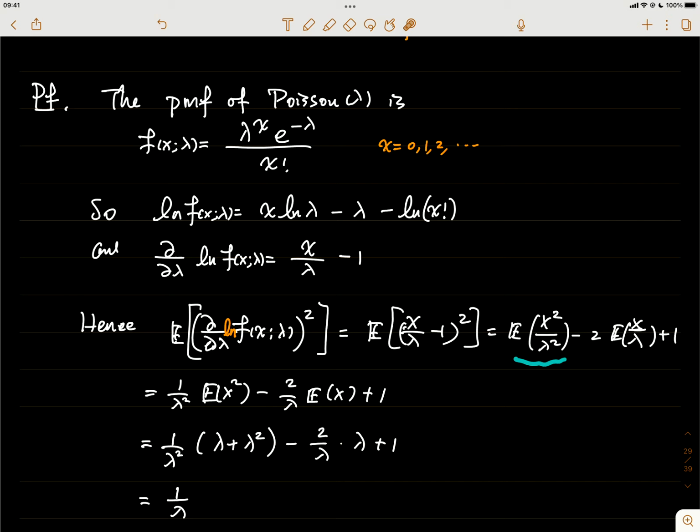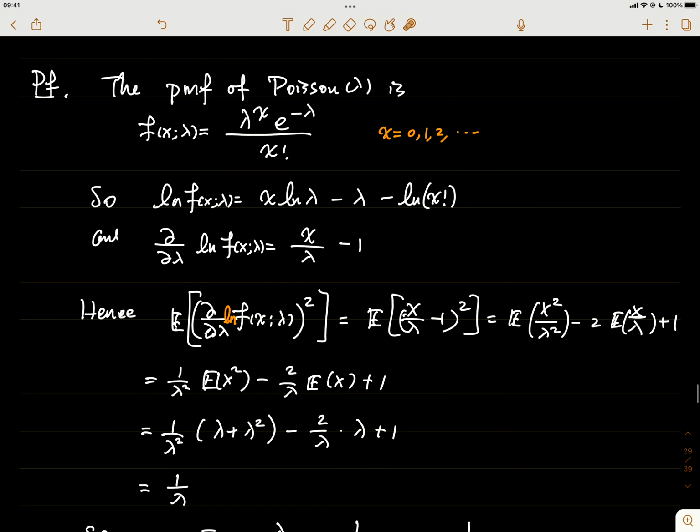So I get the expectation of x squared over lambda squared, minus 2 times the expectation of x over lambda, plus 1. Now the 1 over lambda squared can be pulled out. It's just a constant. And same here, I'm going to pull out the 1 over lambda since it's a constant.